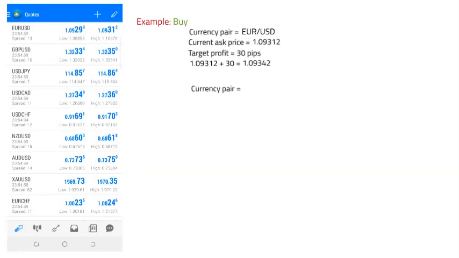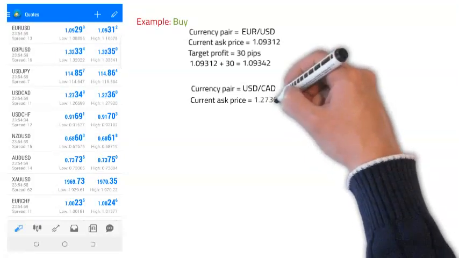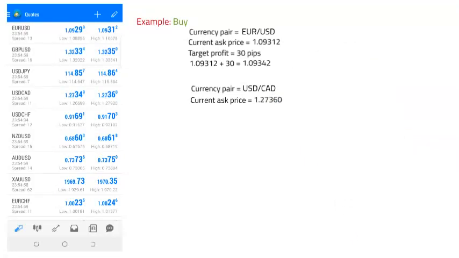Now let's see another example. Let's take US dollar, Canadian dollar at the current ask price of 1.27360. Let's say I want to buy the pair and I want a profit of 50 pips. For me to get a take profit of 50 pips from that trade, I would need USD/CAD to rise to 1.27410.